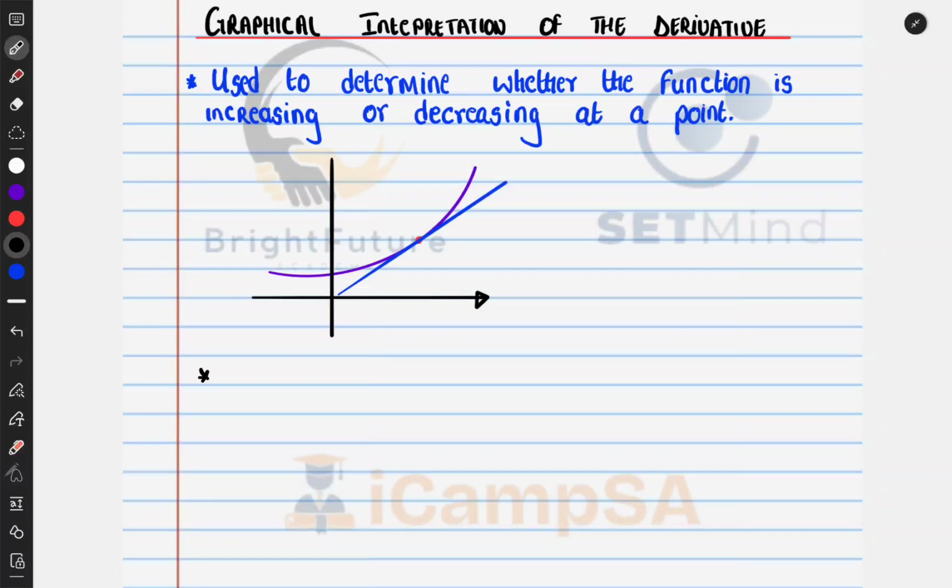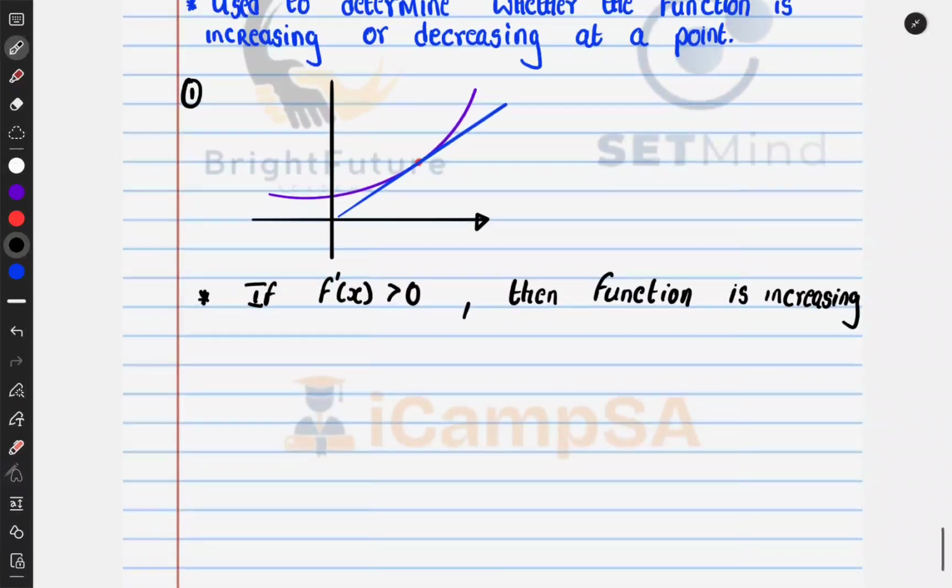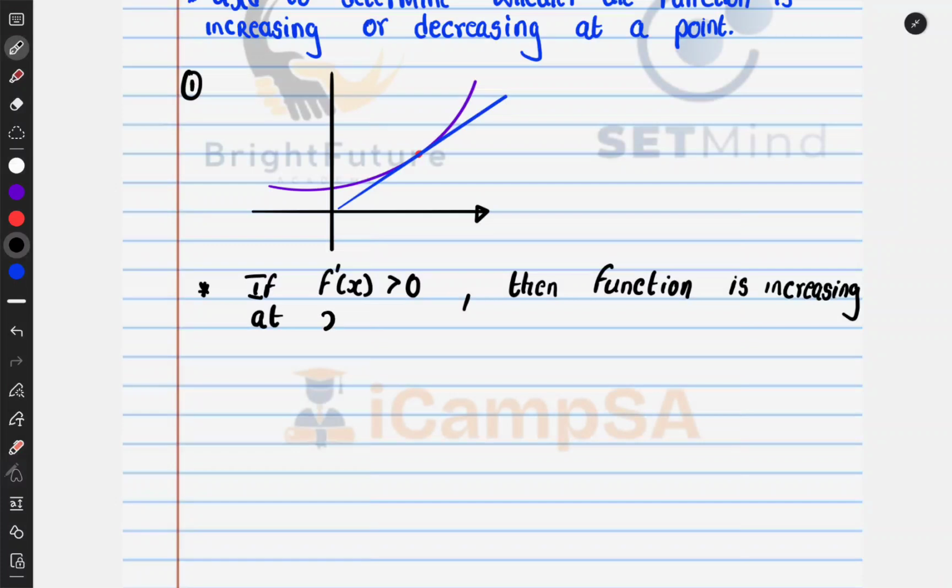In other words, for number 1, if f prime x, the derivative, is greater than 0, which means it is positive, then the function is increasing at x is equal to a. At that point, let's say this is our a.